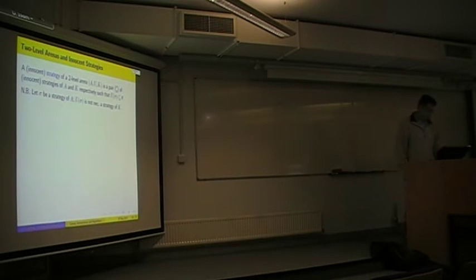Well, we have seen what two-level arenas are. What are the strategies of this two-level world? Take a two-level arena. An innocent strategy of this two-level arena is a pair of innocent strategies: the upper strategy is a strategy of A, and the lower strategy is a strategy of K, the lower arena, such that every play of the upper arena under U is a play of the lower arena.